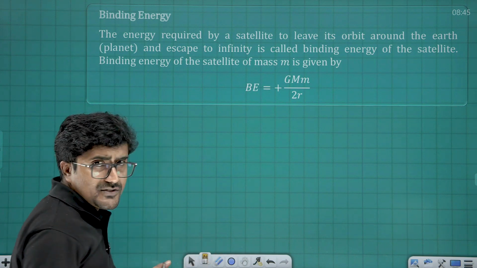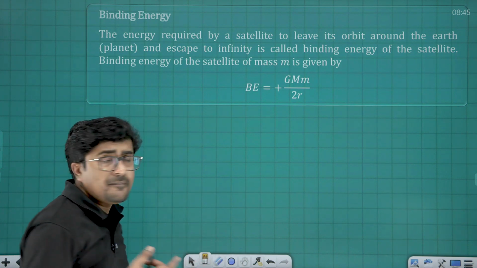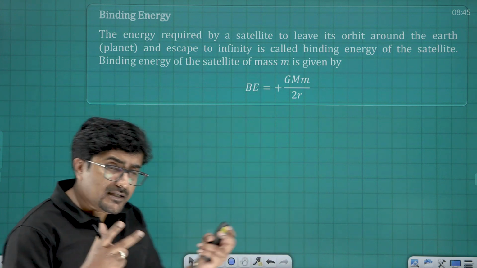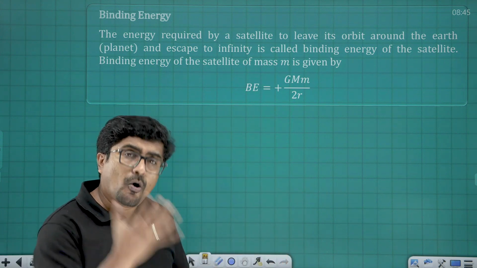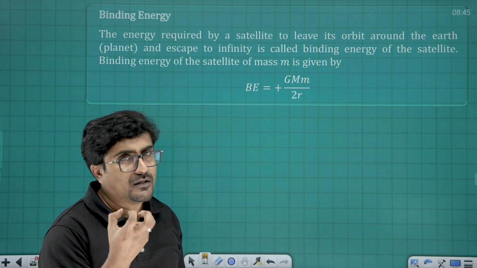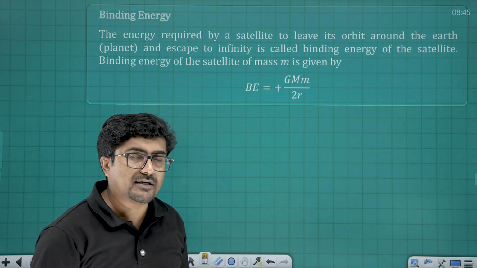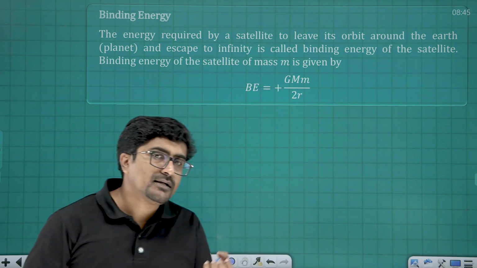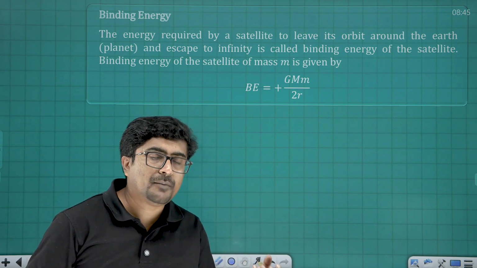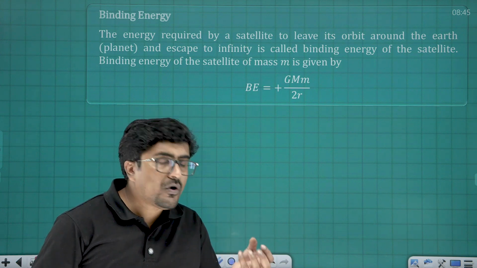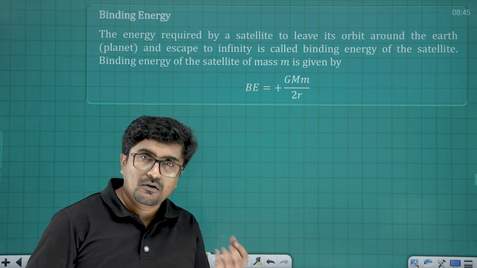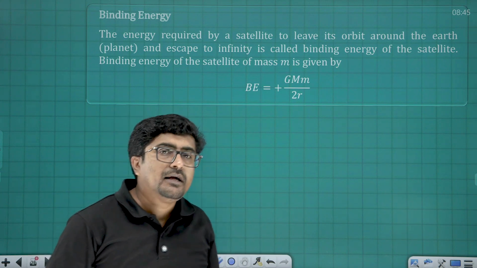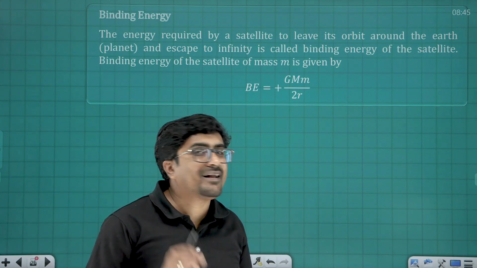Now next is the binding energy. Binding energy is the energy by which a satellite is bound to the Earth, and magnitude-wise, that is equal to the total energy of the satellite. If you want to remove the satellite from the gravitational field of the Earth, we have to provide that energy.